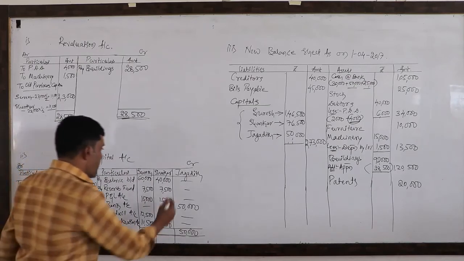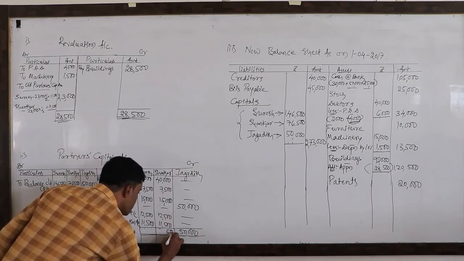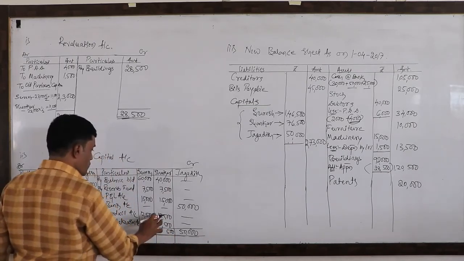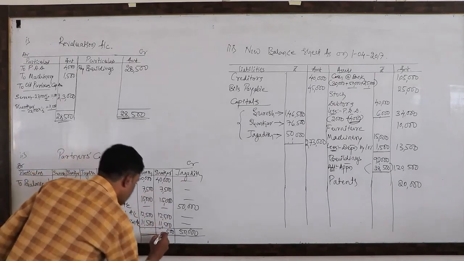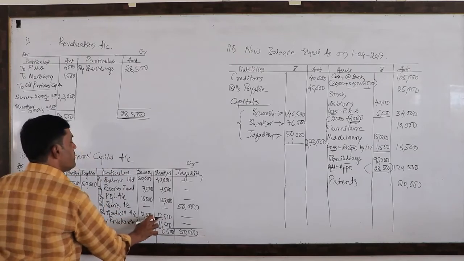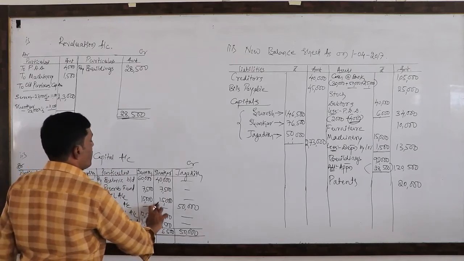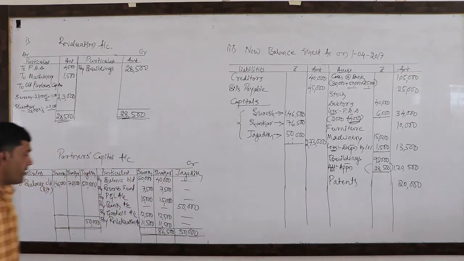Now Shankar's capital: 500, 1,500, 2 to 4, 4 plus 5 is 9, and 7 is 16, 2 plus 1 is 3, 3 plus 1 is 4, 4 plus 4 is 8, 86,500.